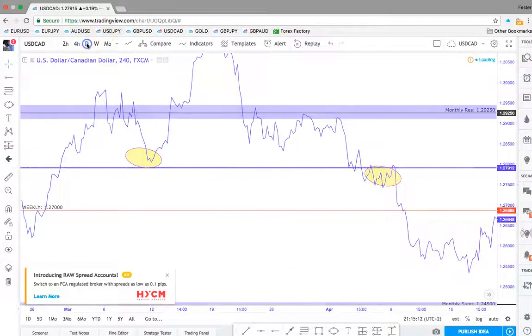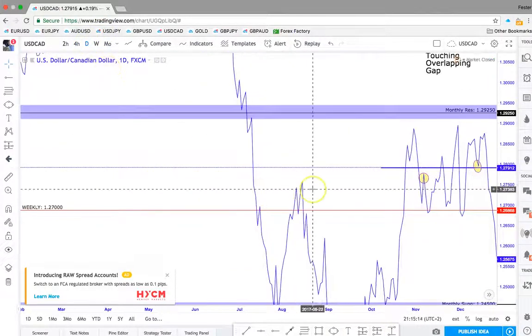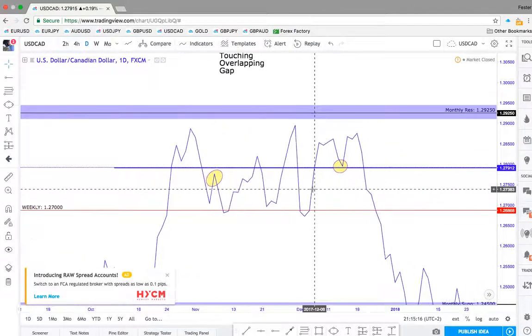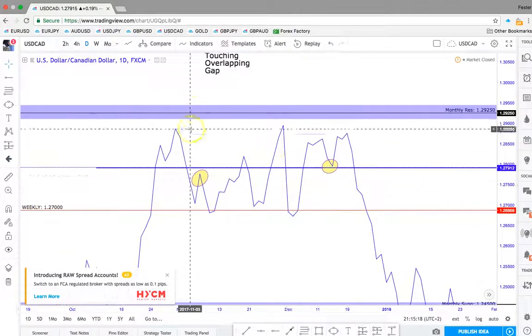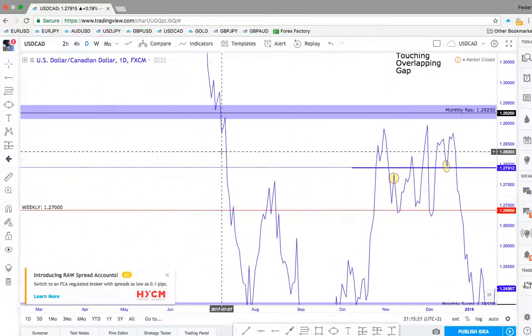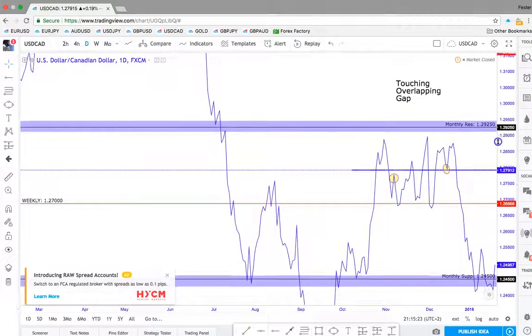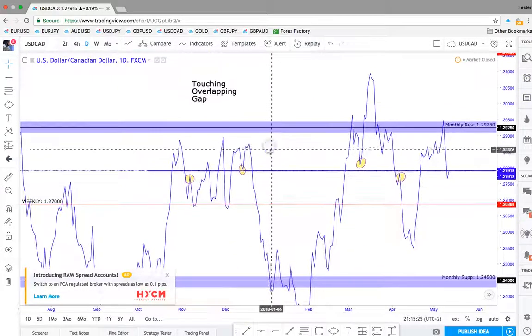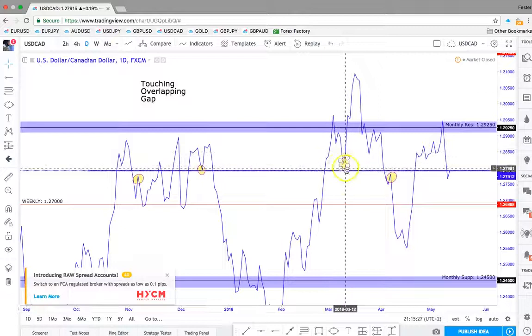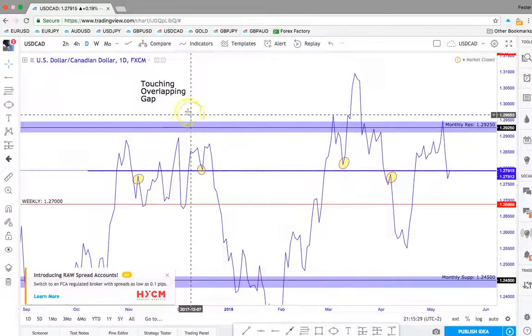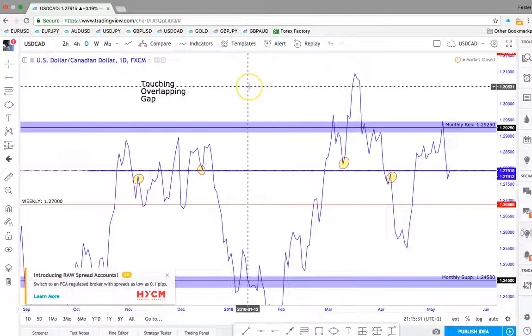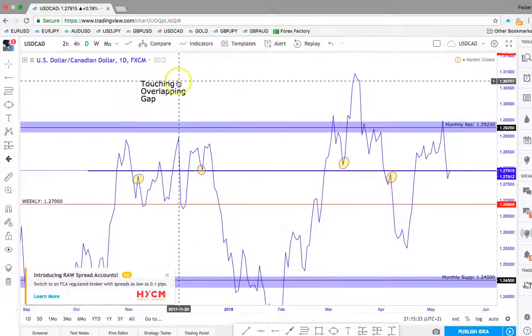On the daily, look how nice and clean it looks. Clean, clean, clean. See, this is gap, gap. Let me show you an example maybe, guys, so you can see. So touching.